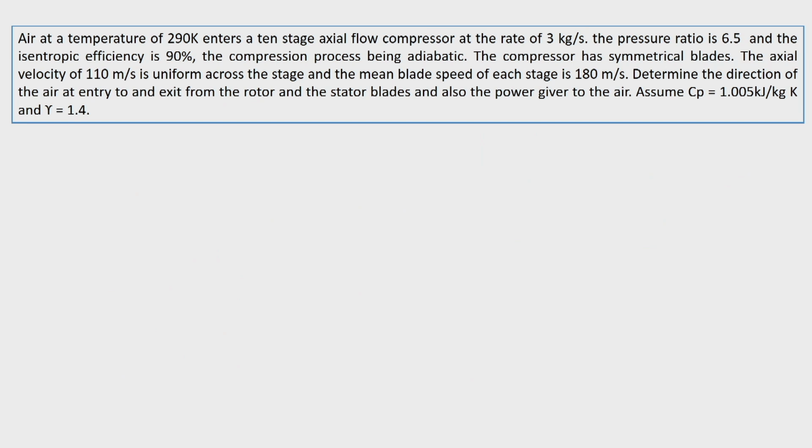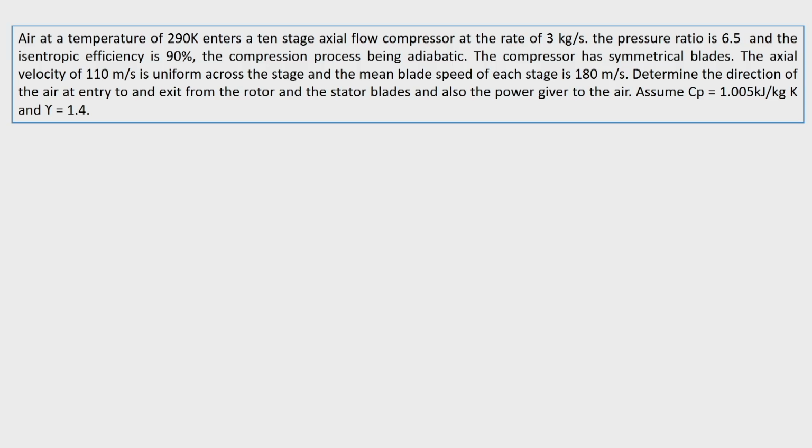We will move on to the next example, which states that air at a temperature of 290 Kelvin enters a 10 stage axial compressor at the rate of 3 kg per second. The pressure ratio is 6.5 and isentropic efficiency is 90%. The compression process is adiabatic.